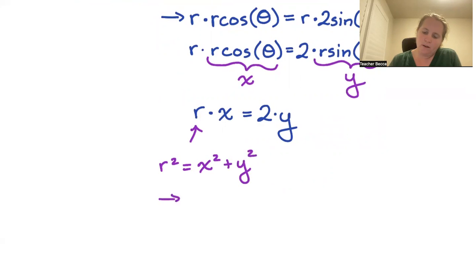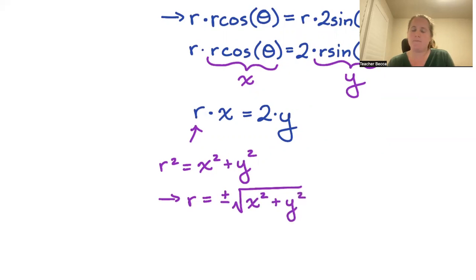This means that r must be equal to either the positive or the negative version of the square root of x squared plus y squared. This gets a little tricky, therefore. We don't necessarily know which one we need to take.